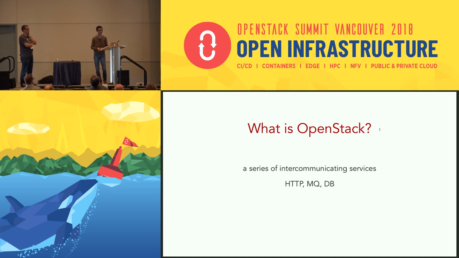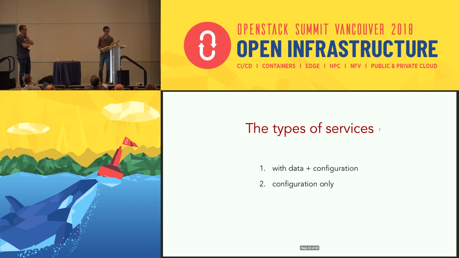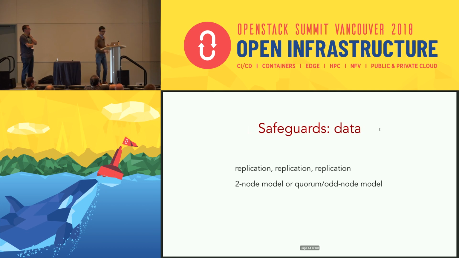Okay, so in essence, we can then split the services into services that are configuration only, and services that have data and configuration. So for the ones with data, how do we safeguard against non-availability?